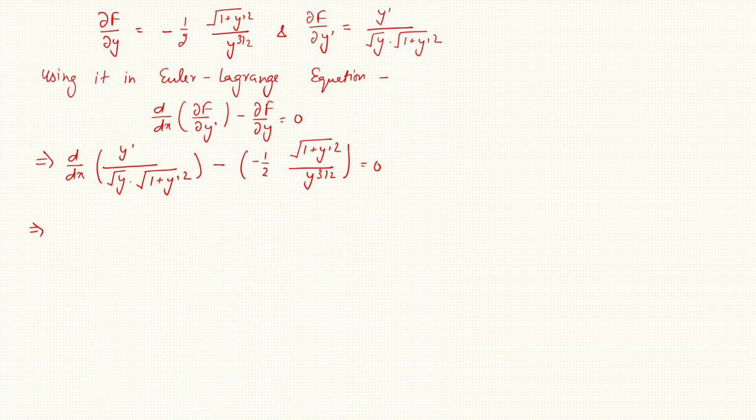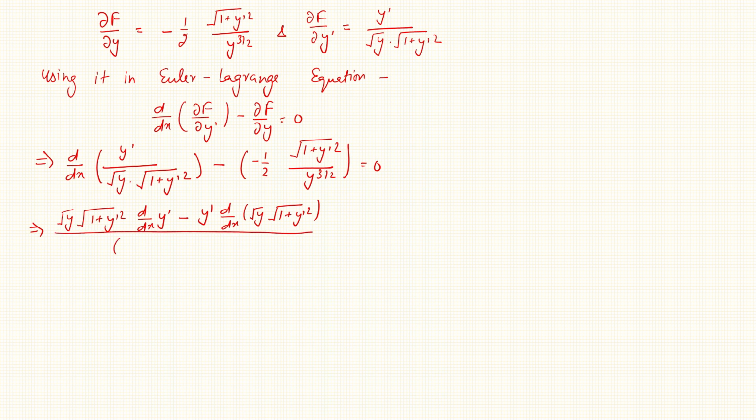Now using the formula of differentiation of a fraction, we can write denominator into differentiation of numerator minus numerator into differentiation of denominator, divided by the whole square of the denominator, and this will be plus half √(1 + y′²) divided by y to the power 3/2 is equal to 0.